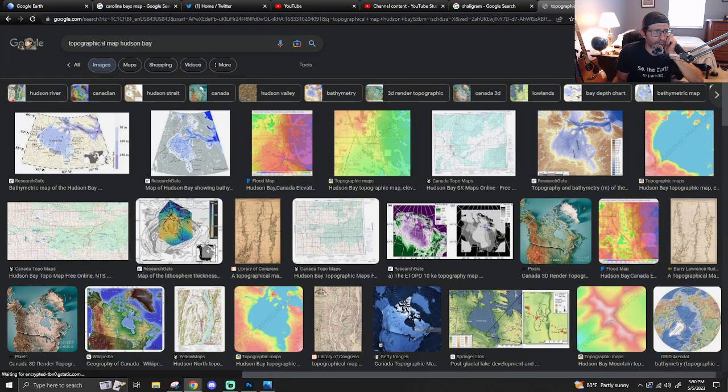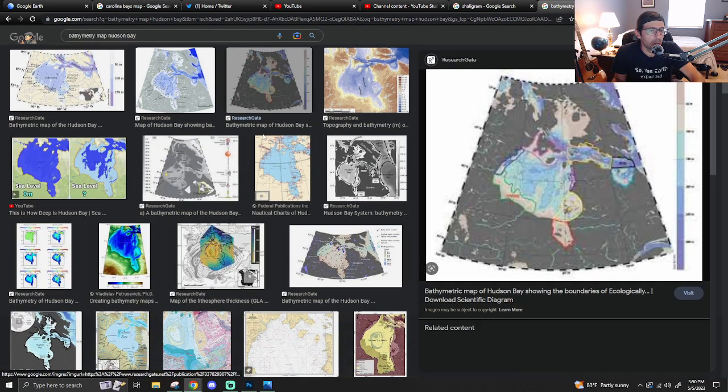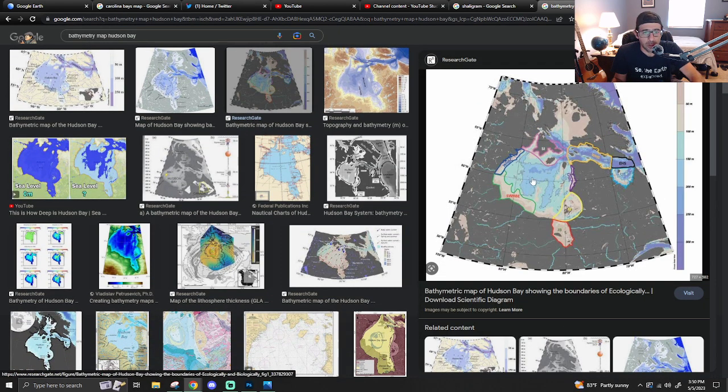Not sure if that's the right word. I think I'm looking for bathymetry. Bathymetry. Oh, it's got a snake head inside it.